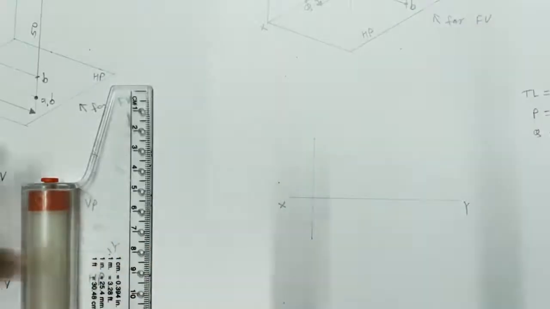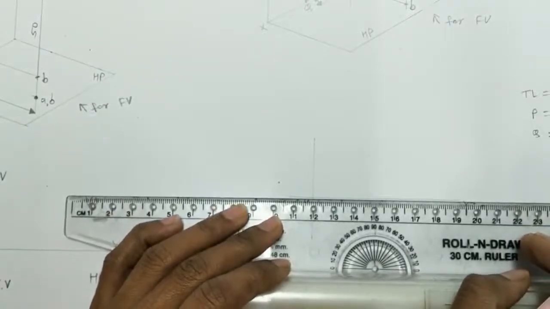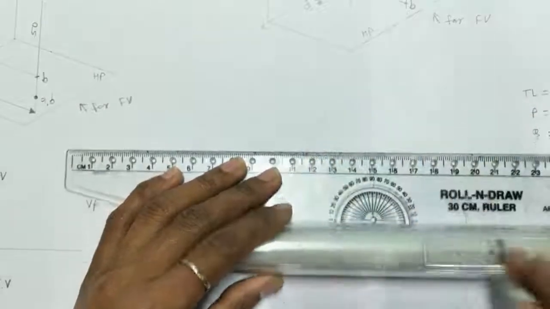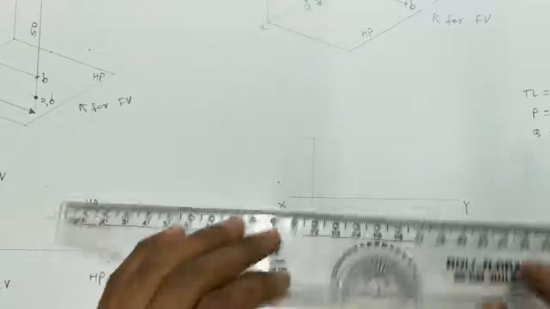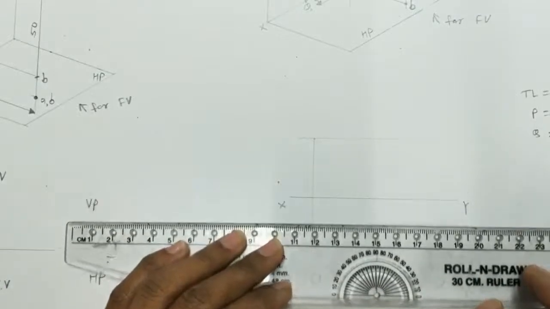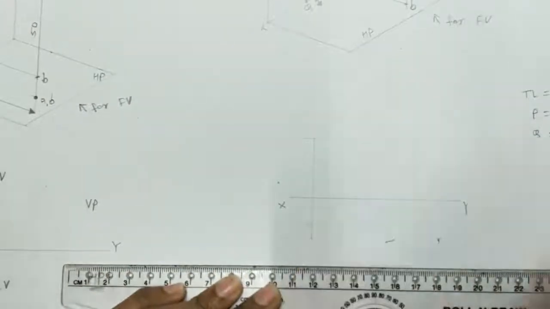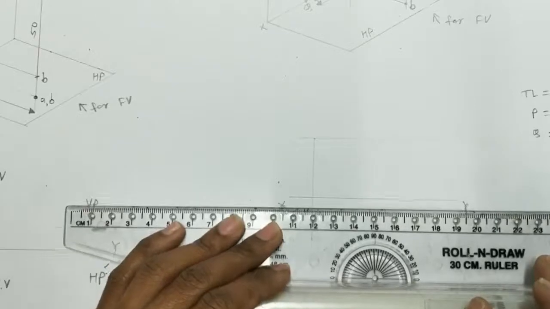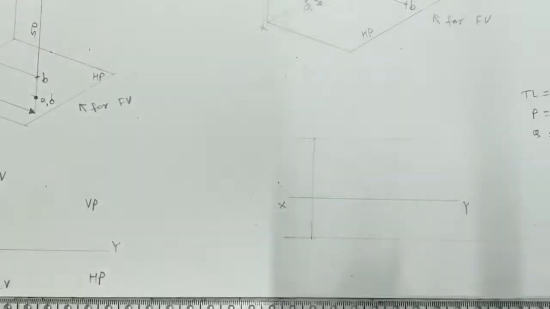So we will draw the front view, which is a dot, on this line, and I will draw from this point. Take a parallel line, and the true length is given as 40.